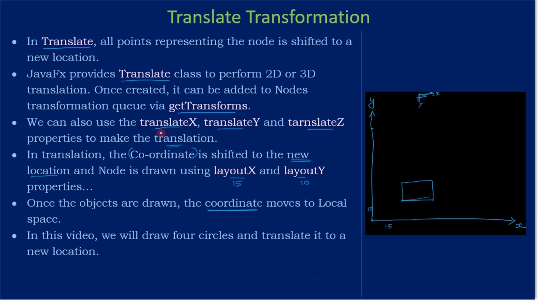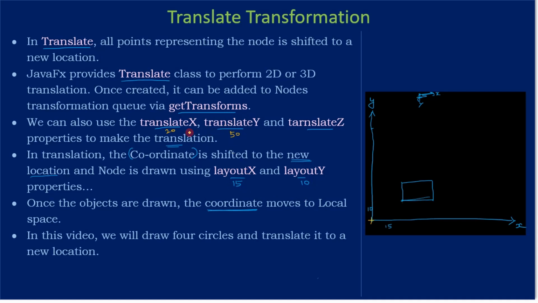We will also assume that the translateX is 20 and translateY is 50. So what happens, let's state that this is the initial coordinate system. What JavaFx does is it will put the object in the initial placement 15, 10.